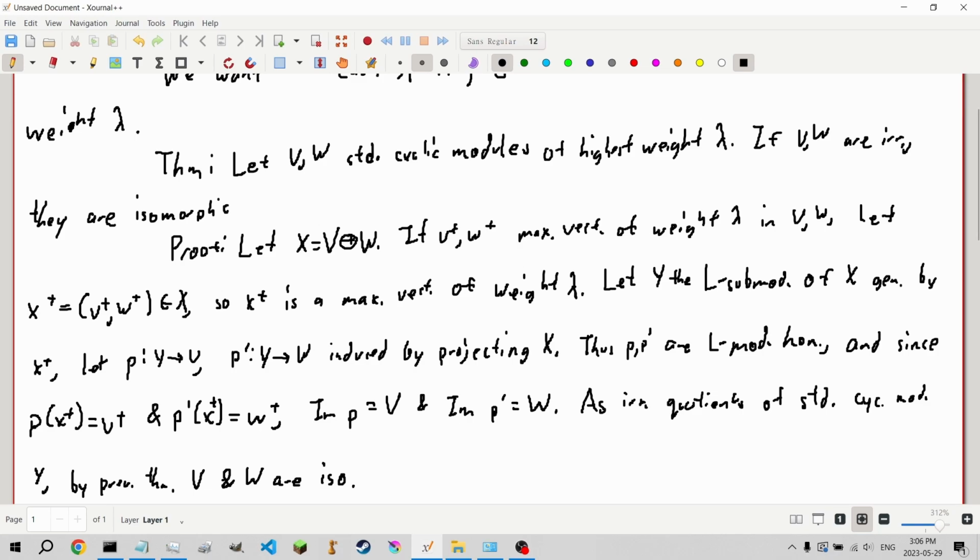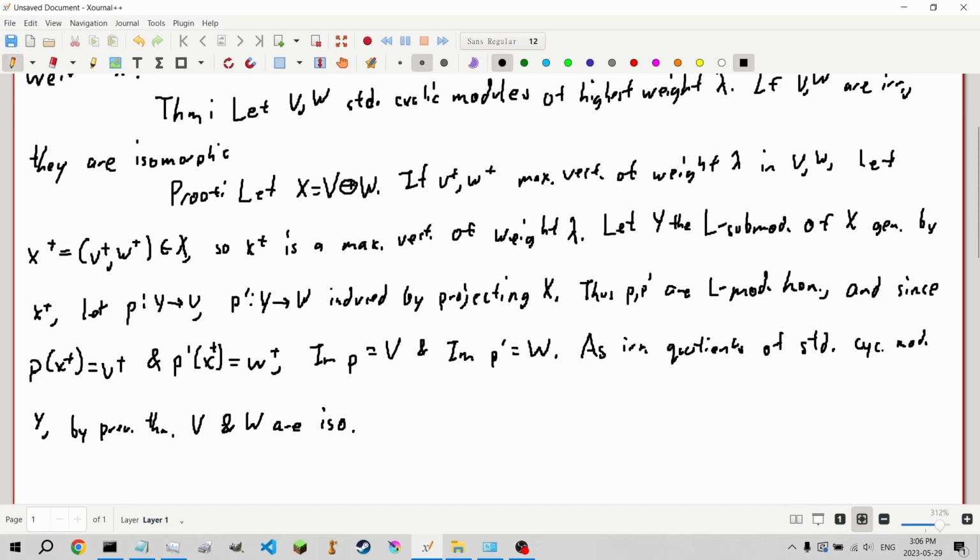So first off is an induced module construction.